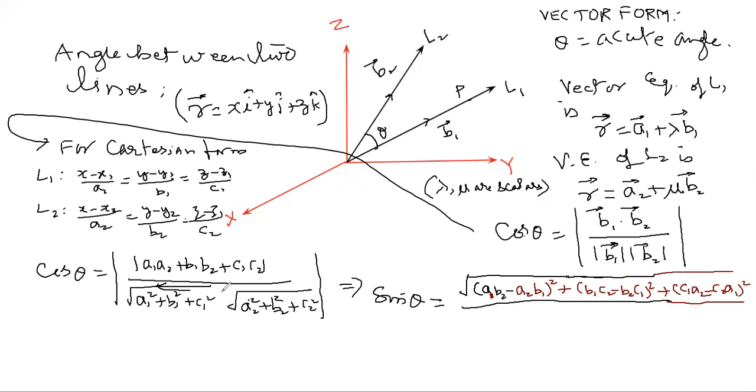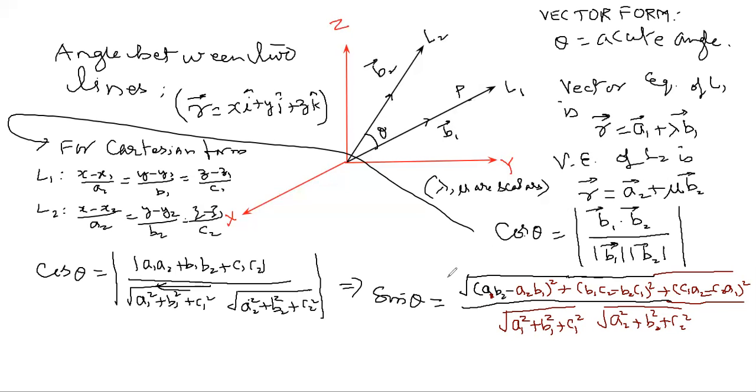But once you find cos theta, you can directly find sin theta by using sin square theta plus cos square theta equals 1. We rarely need this, only in some cases, because we are going to find the cases where lines are parallel and lines are perpendicular. The denominator is the same, under root a1 square plus b1 square plus c1 square times under root a2 square plus b2 square plus c2 square.